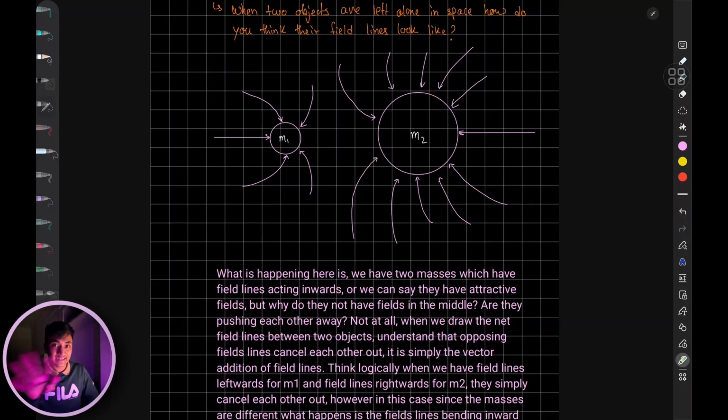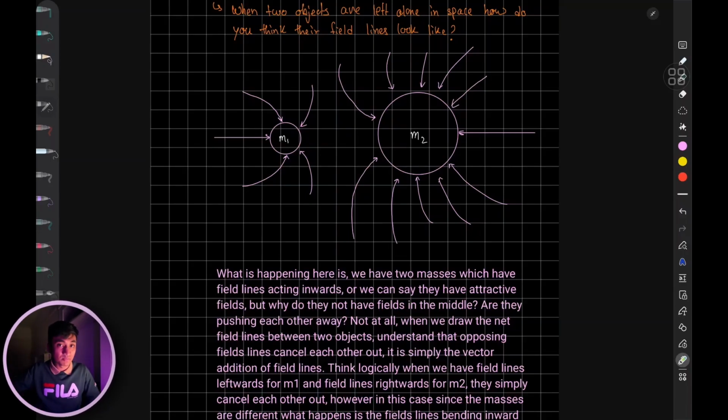So what am I talking about when I'm talking about these field lines? What I'm talking about is bringing a third mass m3, right? And what force would this field around these two masses exert? That is what I'm talking about. So please don't get confused. Okay? If I bring a third mass, what is the force felt by that third mass?